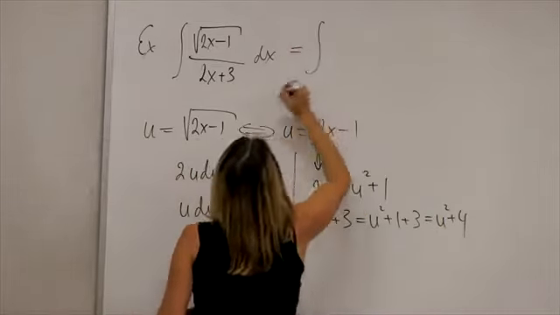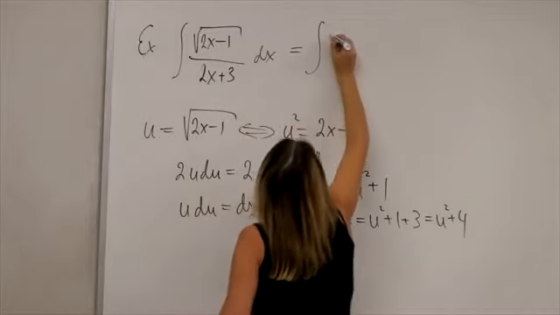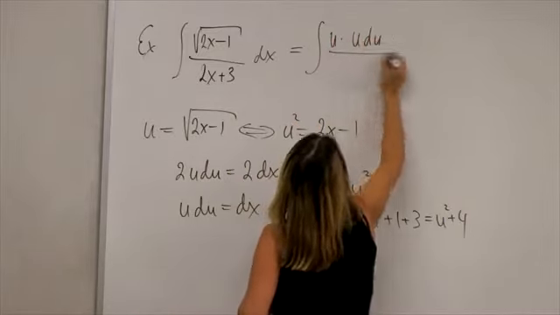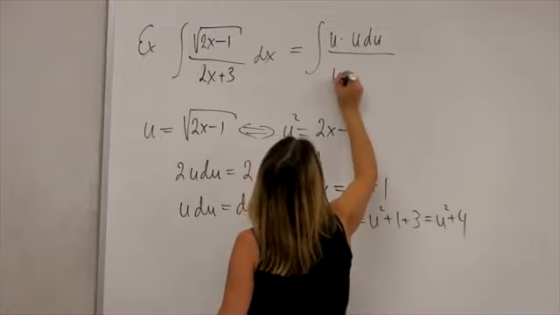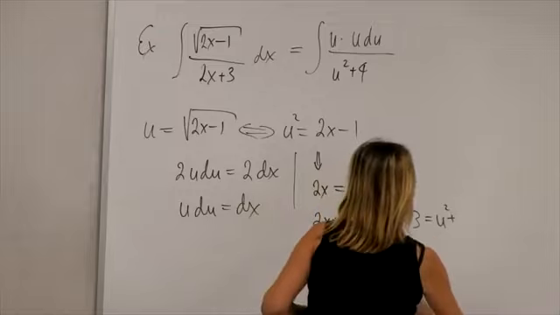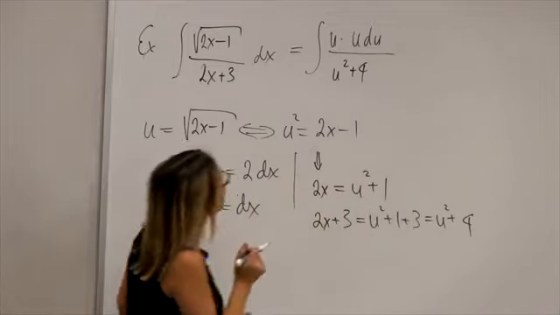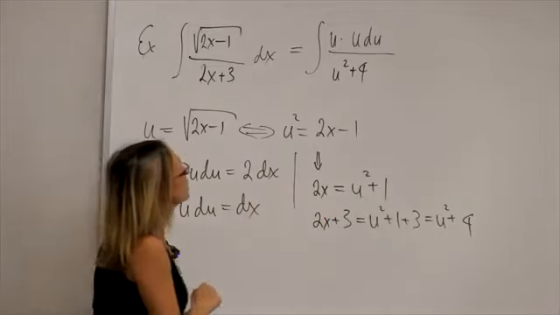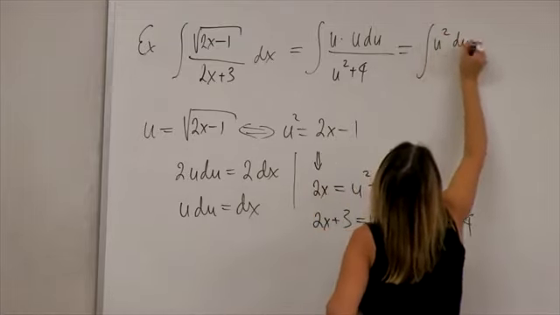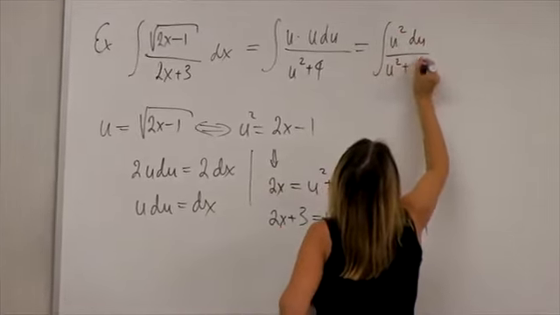Now we're ready to rewrite the whole thing in terms of the new variable. U times u du, and here I have u squared plus 4. Or, you know, we have u squared du over u squared plus 4.